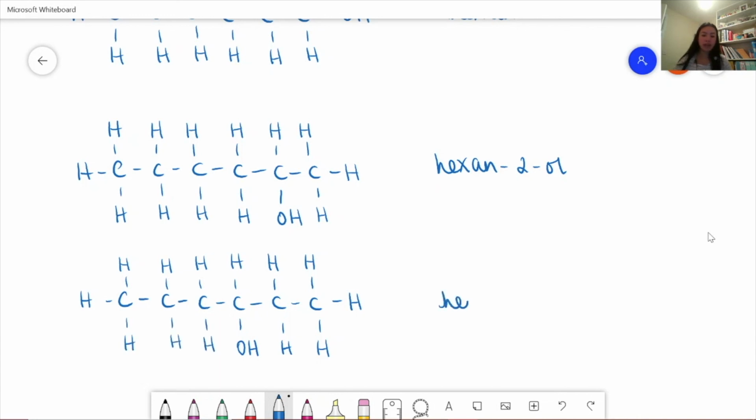So this is hexan-3-ol. And you might think that we could also put an OH here or here, but actually these are the same as hexan-2-ol and hexan-3-ol if we flip the molecule over. And so these are actually our only possible structures.